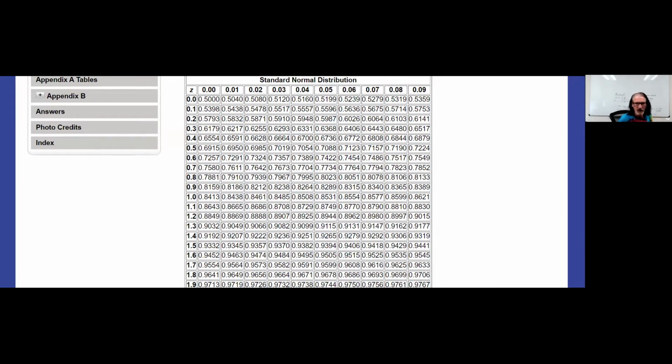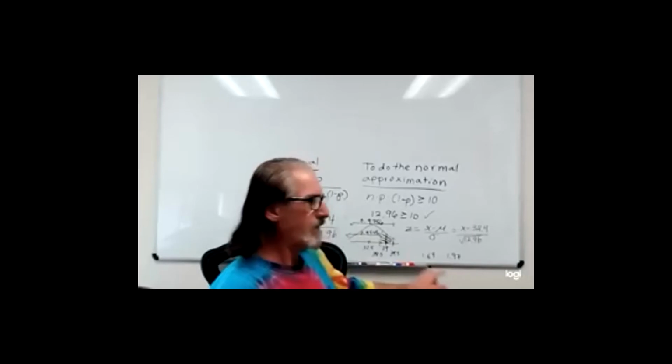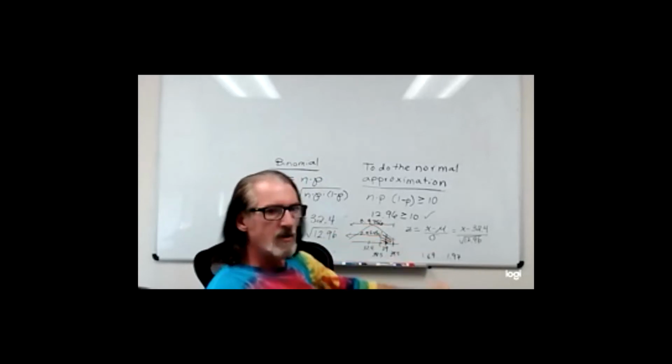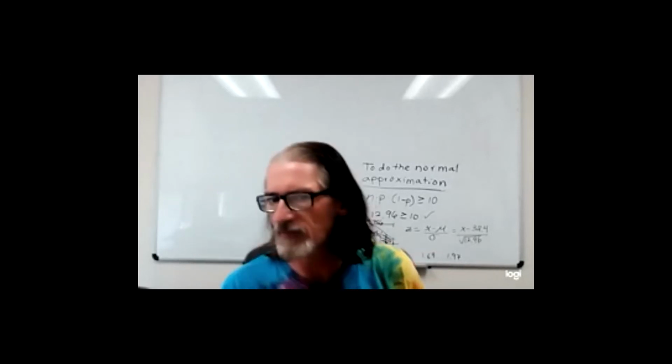Whereas back to the left of the z-score 1.69, we have 0.9545. So I'm going to take away the unshaded extra part right here and subtract 0.9756 minus 0.9545.